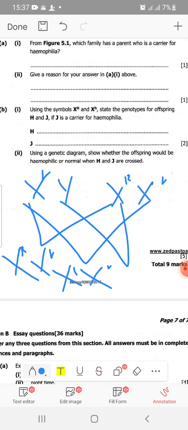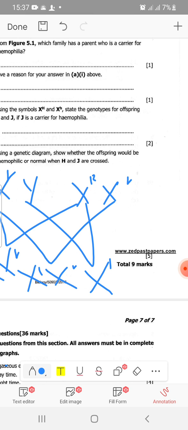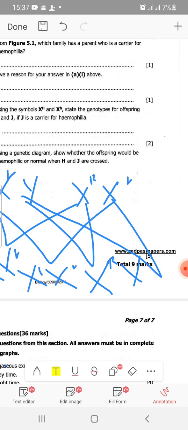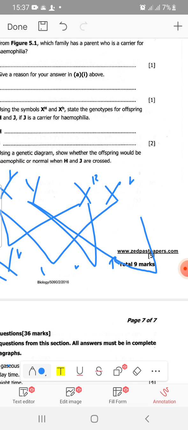Next we have this one and this one, x with a capital letter R, and y does not carry anything, remember that. It's very important to know that. And then the same again with the x. I rubbed that by mistake.